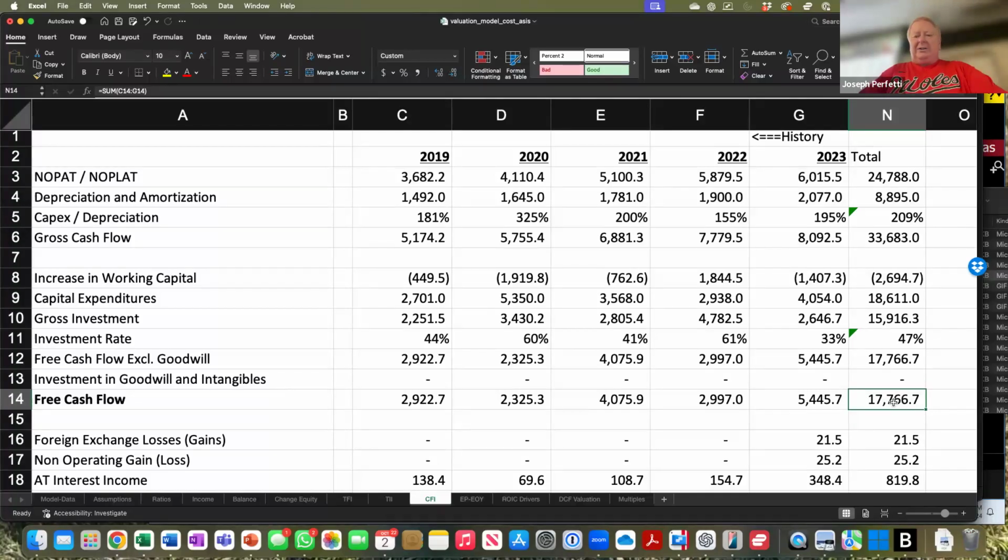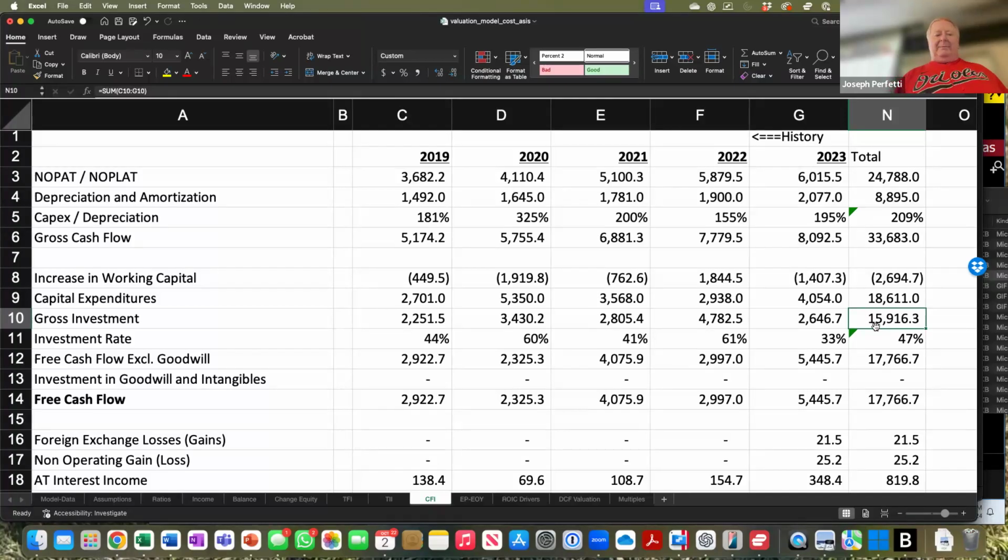Well, we'll start with free cash flow. Over 5 years, Costco generated $17.766 billion, $17.8 billion of free cash flow. Why? From the income statement, they generated $33.7 billion of gross cash flow, NOPAT plus depreciation. They reinvested in working capital and CapEx $15.9 billion of their gross cash flow.